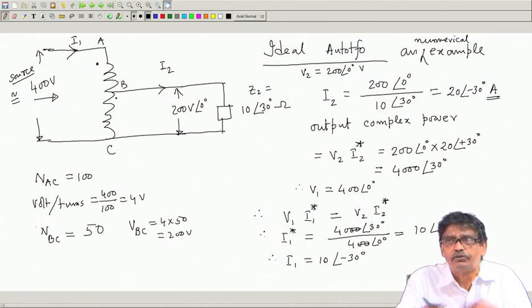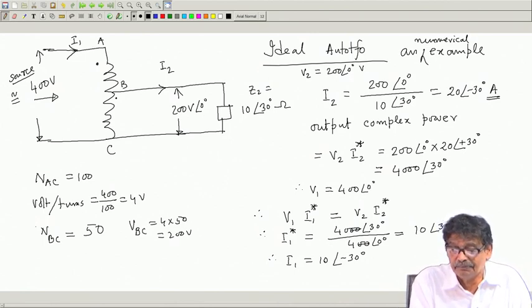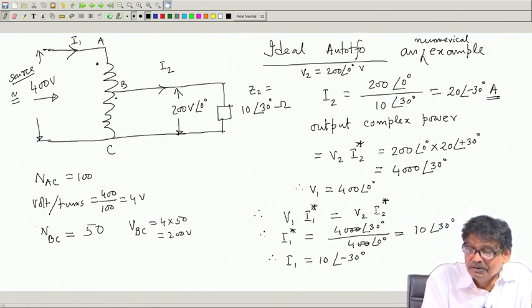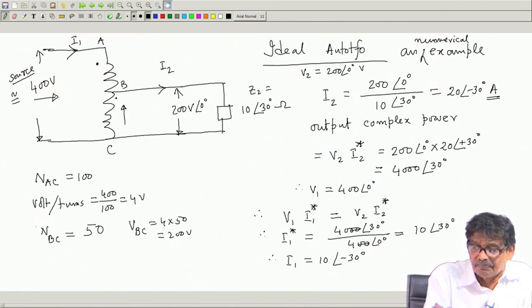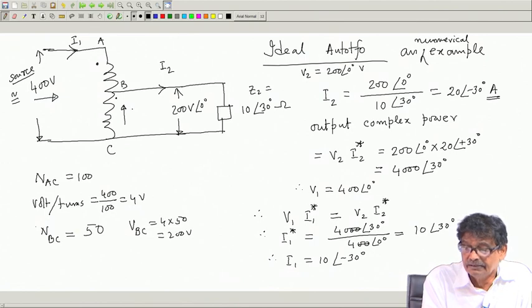several physical things what is going on. That is, I know I 1 now. The moment I know I 1, then I can calculate this current. This current better show in this way, this current, then will be I 2 minus I 1. That is how we are specifying.